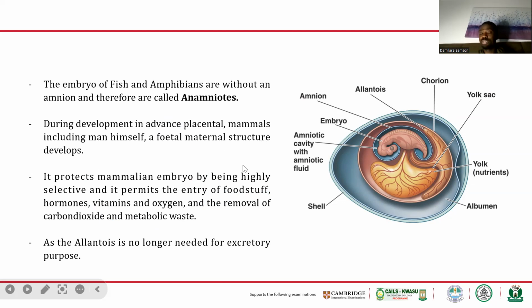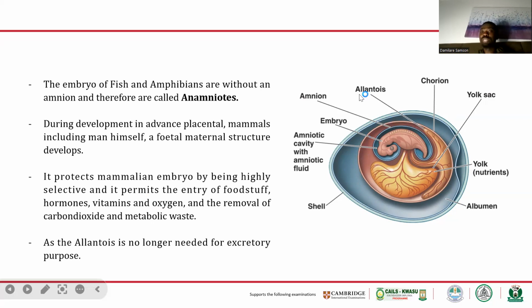That is in mammals, because all these, the chorion, cannot do the work again. So we need something more advanced, and that is where the placenta comes in. So when we get to reproduction and other topics, we'll still talk about placentas. Now the allantois, if you still remember the function, is no longer needed for excretory purposes, because in humans you are developing a big and well-grown human, which is bigger than what you have in eggs.